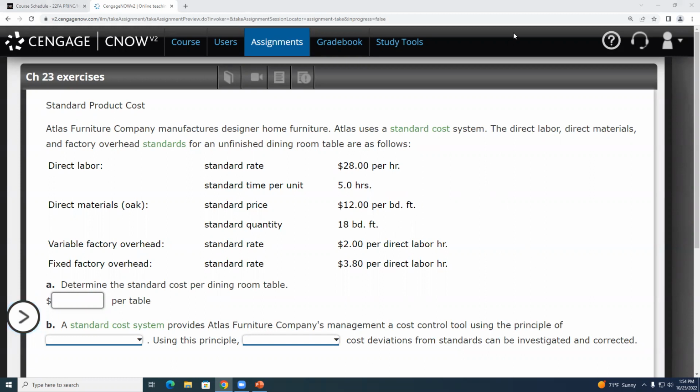And so for this unfinished dining room table, for the direct labor, we expect it to take 5 hours per table, and we expect to spend $28 per hour on that labor. So 5 hours at $28 an hour, that contributes $140 to our unfinished dining room table.